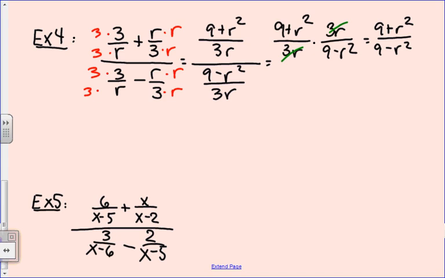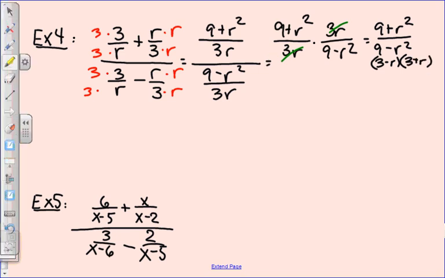Oh, you see it? Factors. So this can be an answer, but if you want to take a look at factors, we can get our answer. 9 is what squared? So 3 minus r and 3 plus r. That's important for us because now as we say the restrictions, we have r on the bottom, r shows up right there, what can r not equal? 0, and then right here, positive 3 and negative 3.